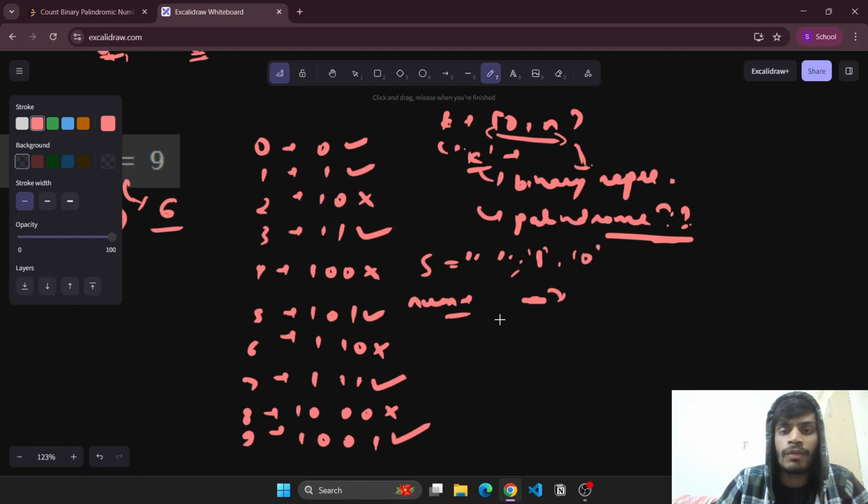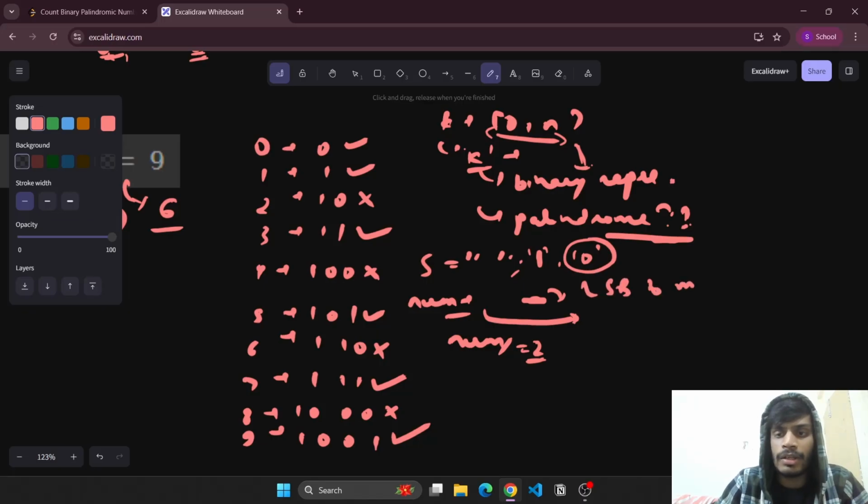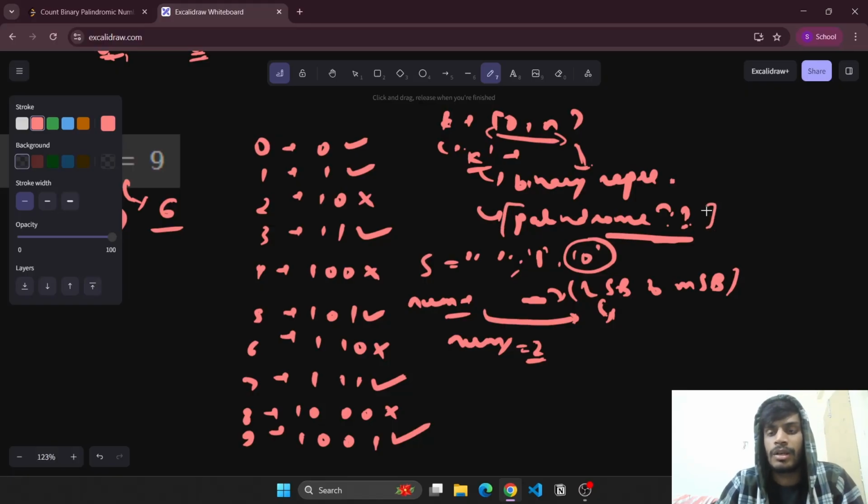After checking, we'll move the number ahead by 1 bit, that means we'll divide the number by 2. Then the binary representation in the string will be from LSB to MSB, so we can reverse this string and see whether both the strings are the same or not. If they are the same, then it is a palindrome.